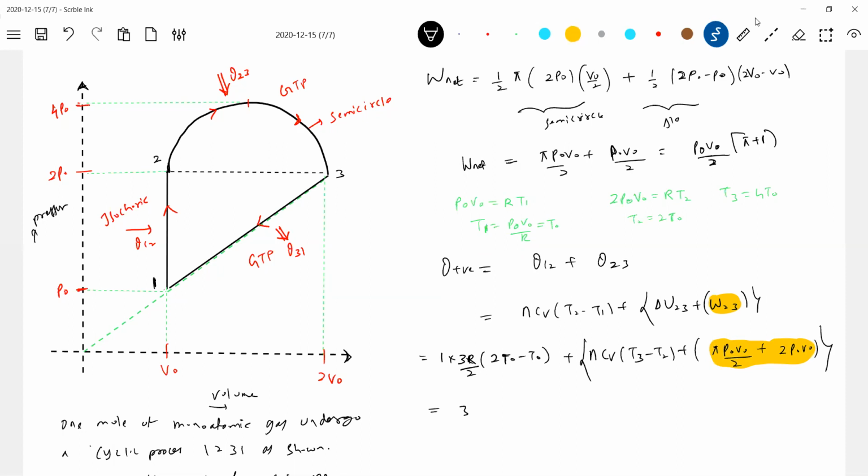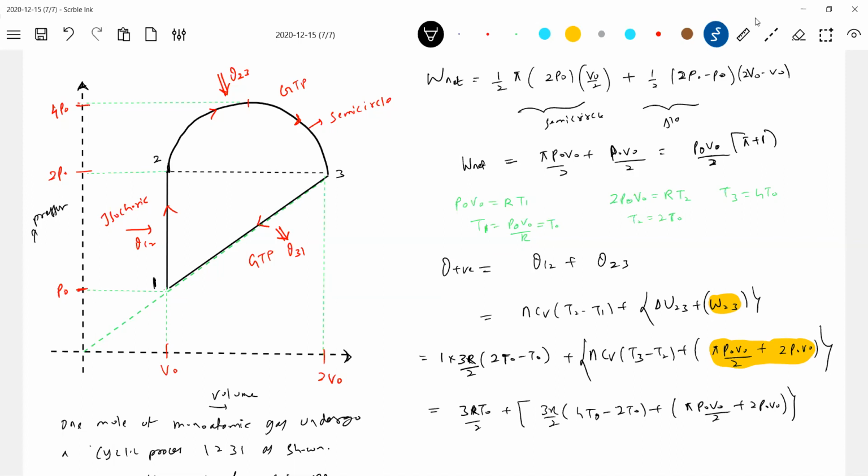So this will be 3R T naught by 2. Number of moles 1. So this also 3R by 2. T3 is how much? 4 T naught. T2 is how much? 2 T naught. Bracket.